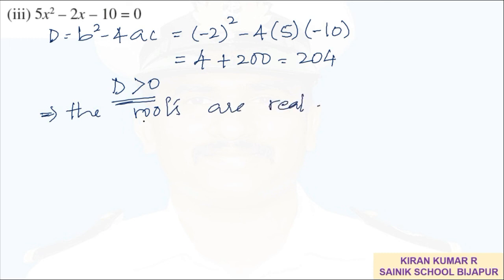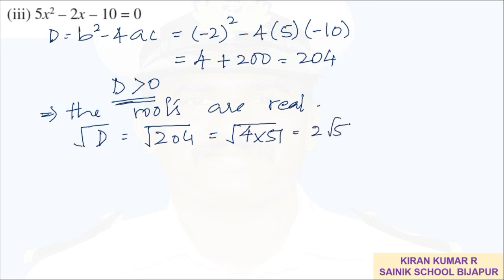When the roots are real, I need to find the roots. So for that, let me find root D. Root D is root of 204. Can we simplify this? This can be written as 4 times 51. Therefore, it is 2 root 51. So let me use the formula x is equal to minus b plus or minus root D by 2a.